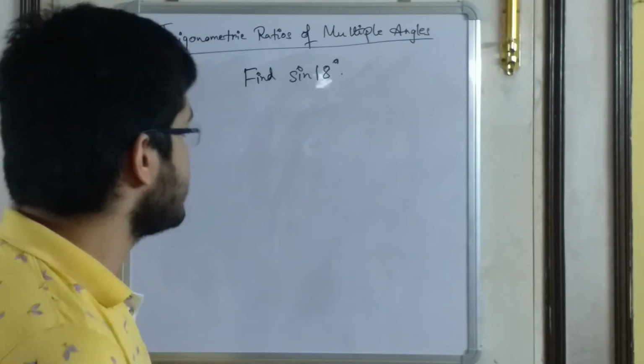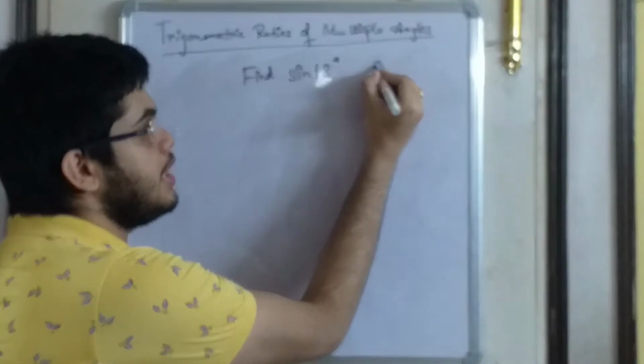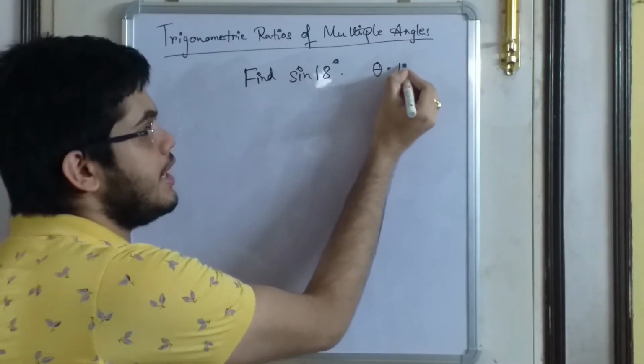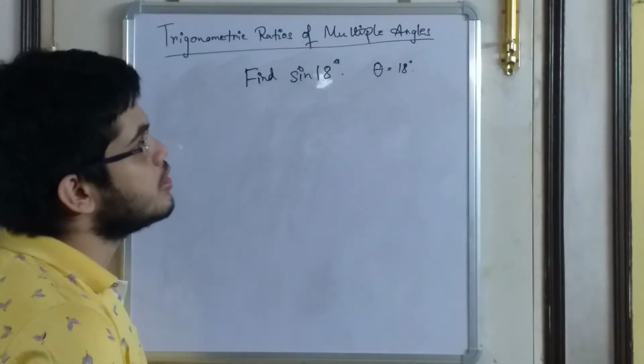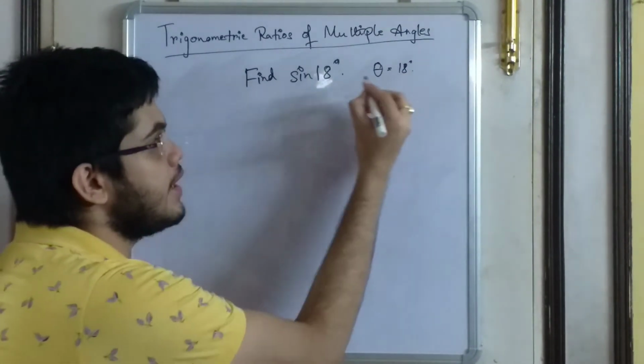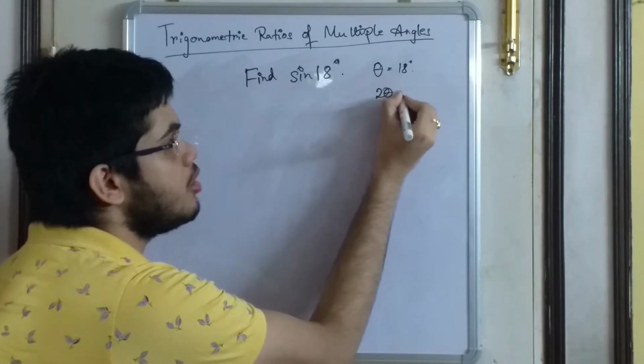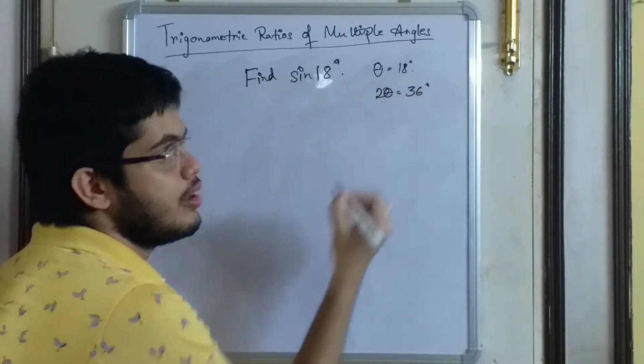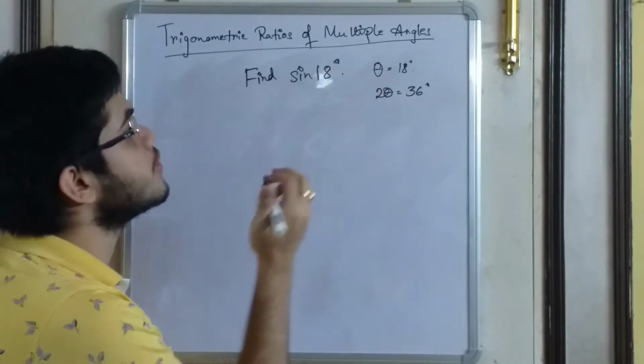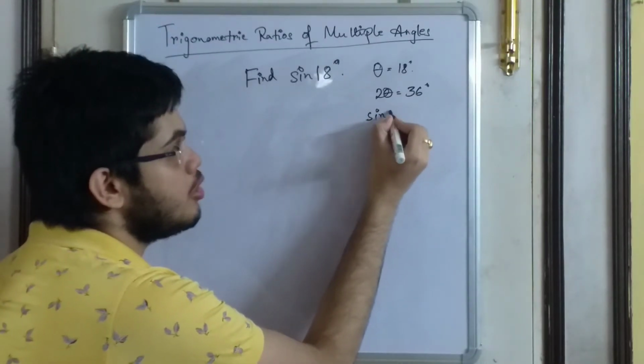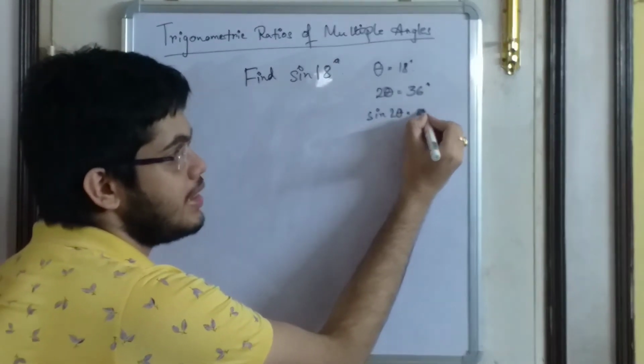Just see. We are taking theta is equal to 18 degree. So 2 theta is equal to 36 degree. So sine 2 theta is equal to sine 36 degree.